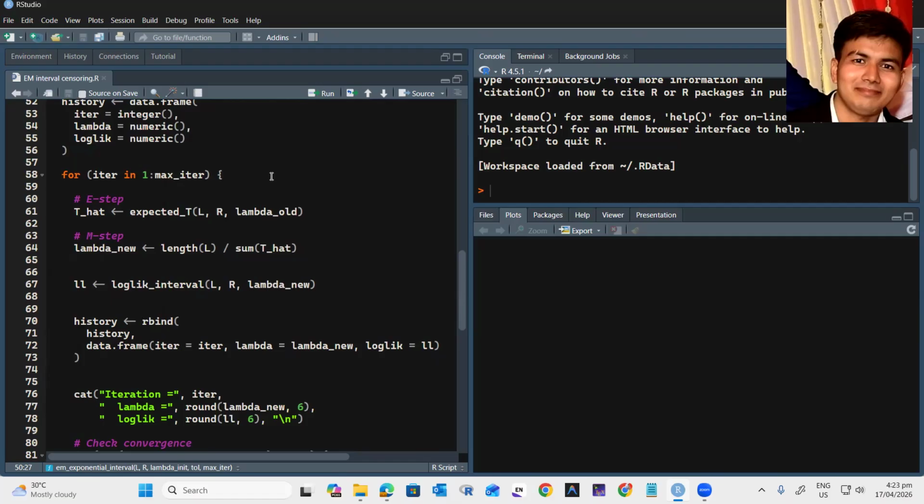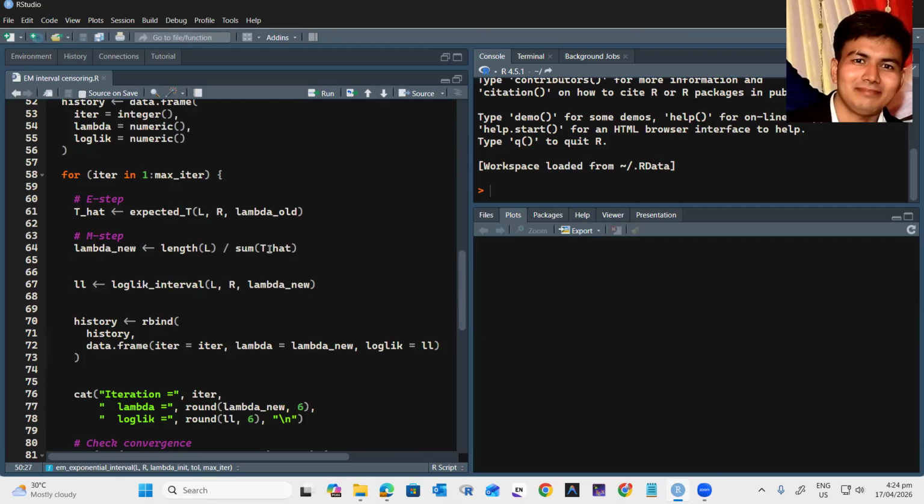So we call the previously defined function to compute the conditional expectation given the current value, and in the M step we have lambda new equals length of L divided by sum of T hat. For the exponential distribution, the MLE of lambda under the complete data is n upon summation Ti. Here we replace the unobserved Ti by their conditional expectations, that is Ti hat.